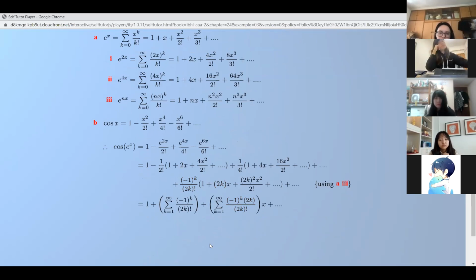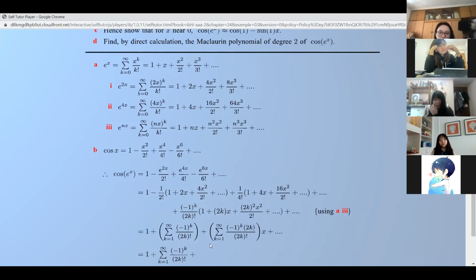All of the rest of the terms in the expansions involve higher powers of x. So, we have written the first two non-zero terms, and we can now remove the brackets, and in the coefficient of x, we can cancel 2k in the numerator and denominator.